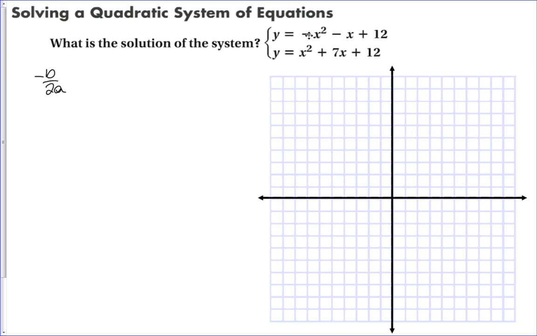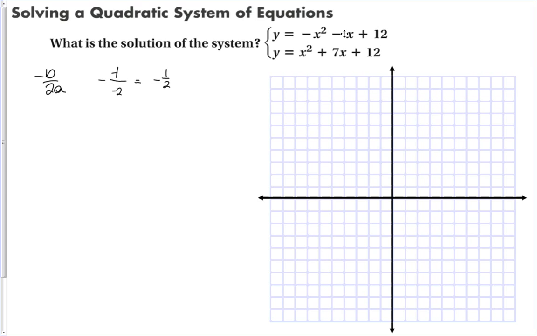So let's do this top equation. We're going to have negative b, which is negative 1, over 2 times a. Well, a is negative 1, so this is going to be negative 2. So we're going to have negative 1/2.